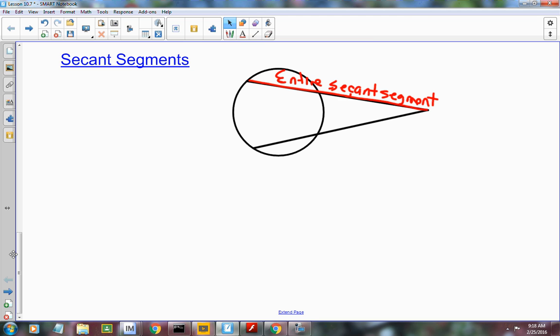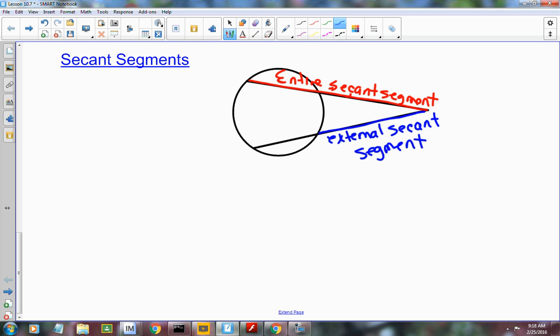And then this is the external secant segment. Okay, they're both part of the secant line, but this would be considered the entire secant segment, and this is the external part. I will probably say the outside part and the whole thing, okay? Because this is the outside part, the external part, and this is the entire secant segment.